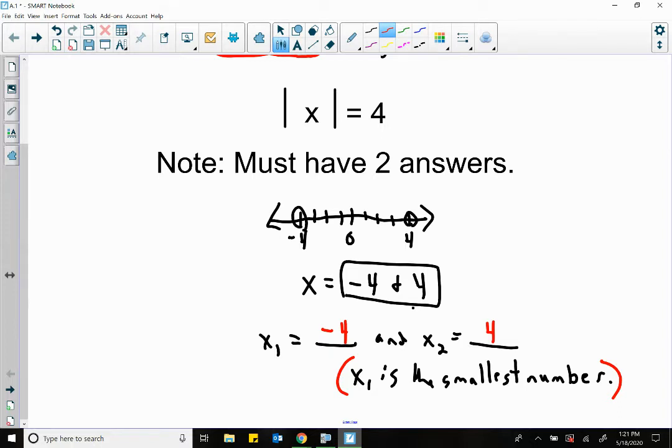I want to make that super clear right now. Make sure you read the fine print from here on out on every assignment, every question, every quiz, every test. Read the fine print below the answer blocks because it tells you what to do and how to put them in. So if it says x1 is the smallest number, then you better put the smallest number in for x1.